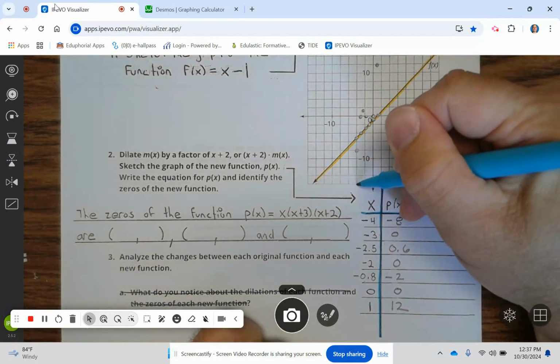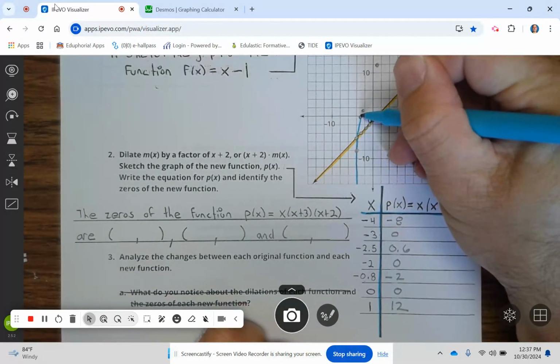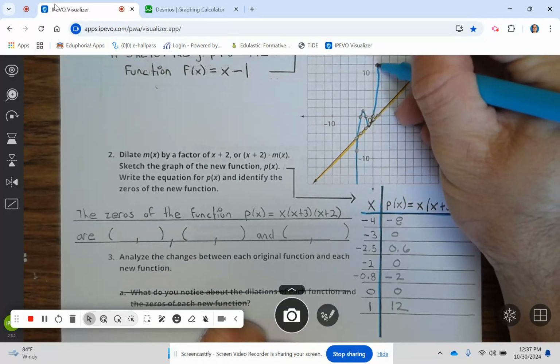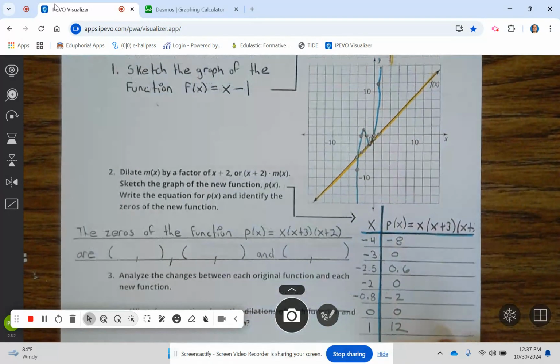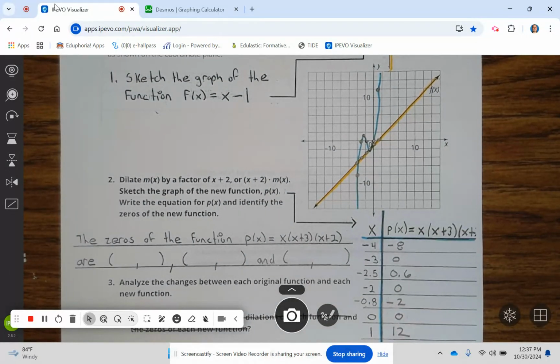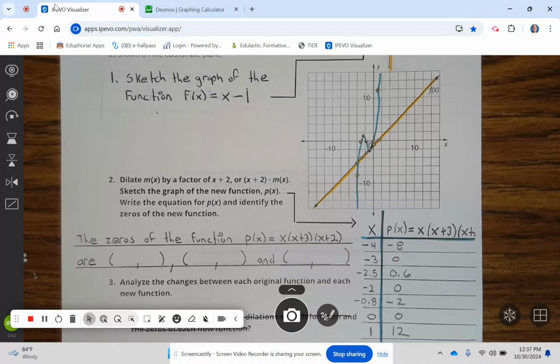Okay. So there's our graph. So go ahead and finish up the table and graph.